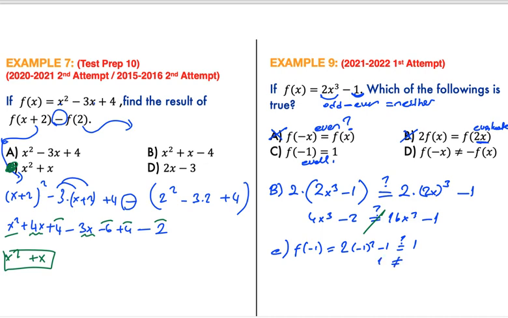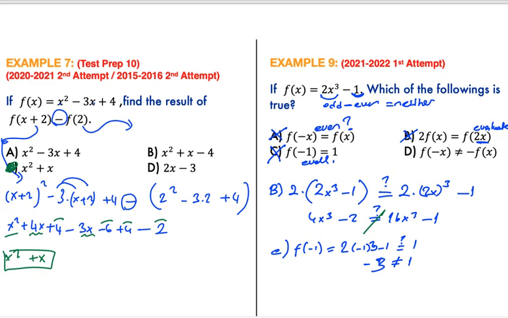This is true. Let me try again. F of minus 1. Oh no, sorry, this is cubed. Minus 1 cubed is minus 1 times 2 minus 2 minus 1, minus 3. Minus 3 is not equal to 1, so that's also false.